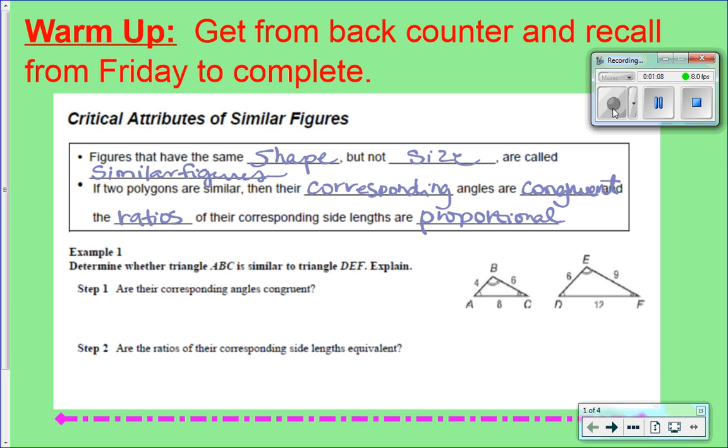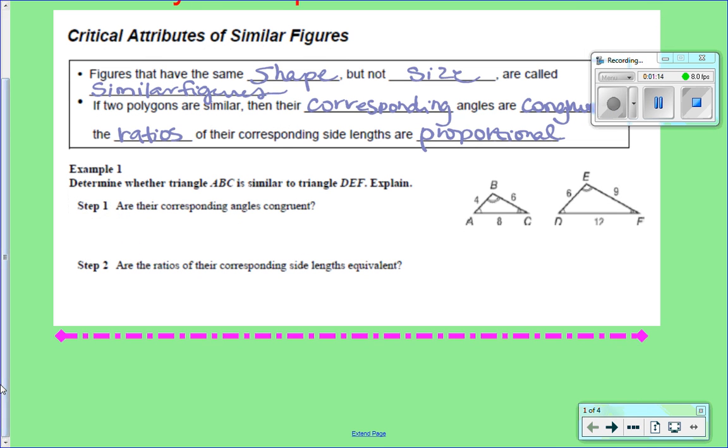Example number 1, determine whether triangle ABC is similar to triangle DEF and explain. So are their corresponding angles congruent? Yes. And how do we know? Well, yes, it's the same shape. Does A correspond with D, angle A and D? Yes. They're corresponding, but not only do they have to be corresponding, they have to be congruent.